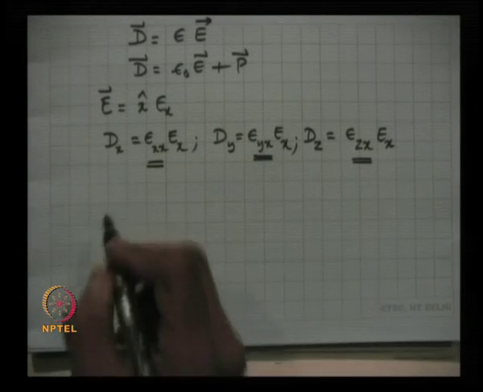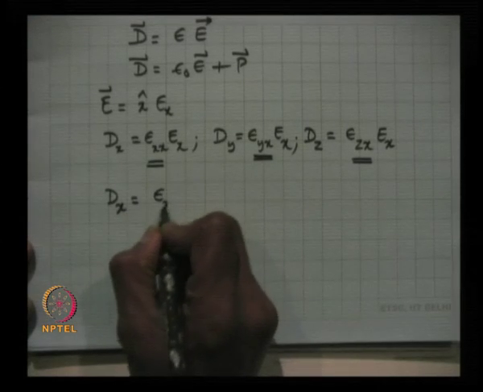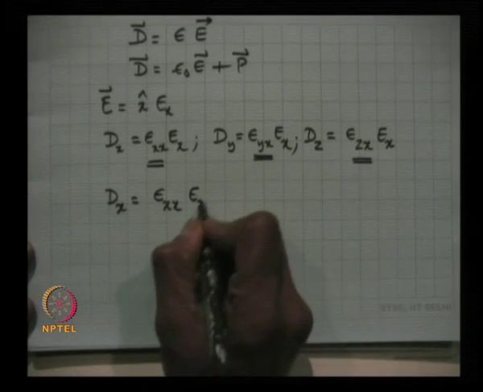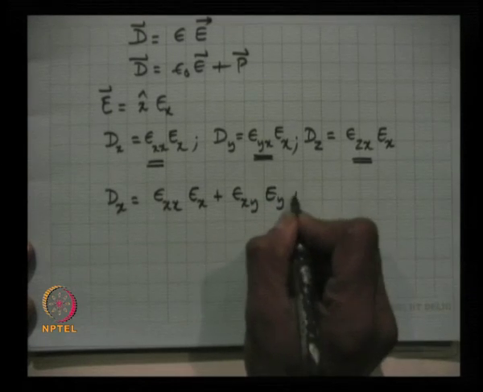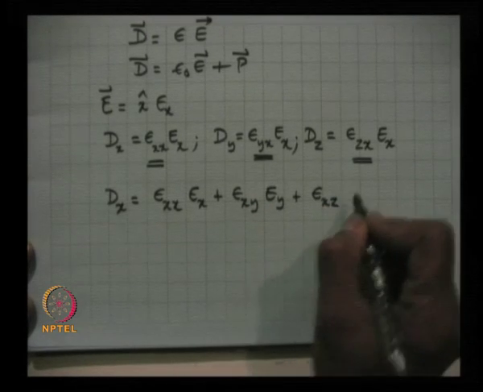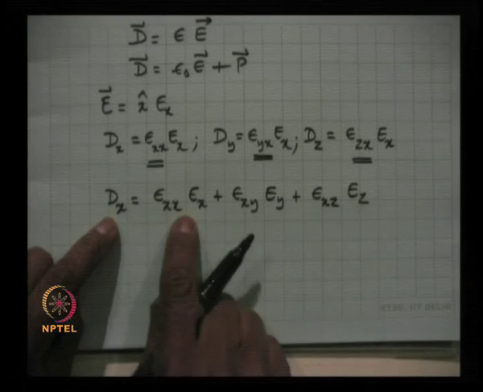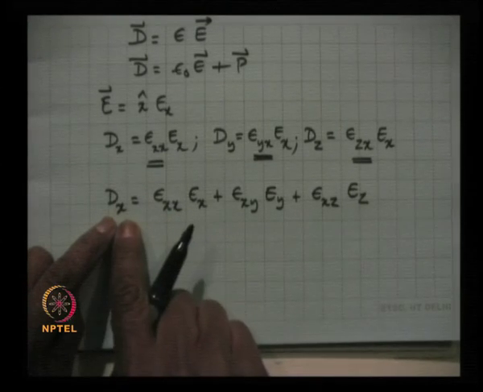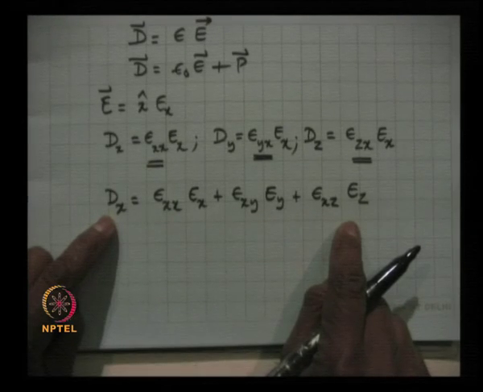So, in general, if I have a general electric field, I can write Dx equals epsilon xx E x plus epsilon xy E y plus epsilon xz E z. So, this is the contribution to Dx from E x, from E y, and from E z.